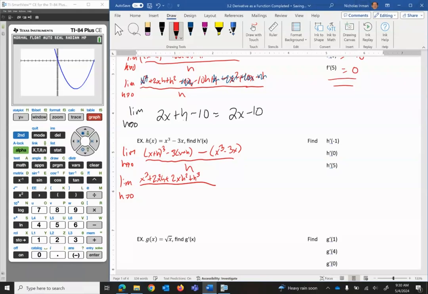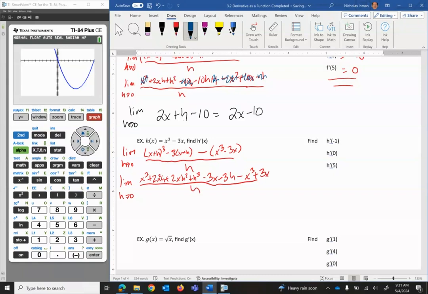I don't know if you know that, but we can do that. Minus 3x plus 3h. Again, sorry, I skipped some of the algebra for this. You could write it out 3 times and multiply them together. Minus x cubed plus 3x, over h.